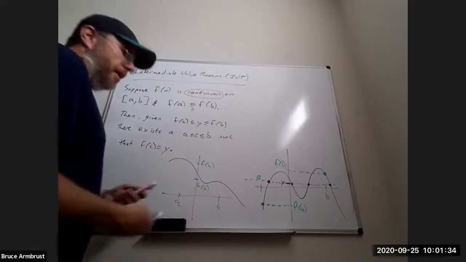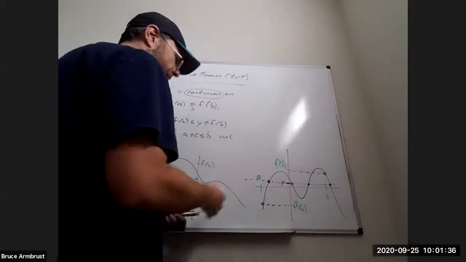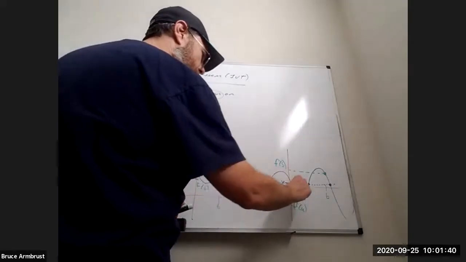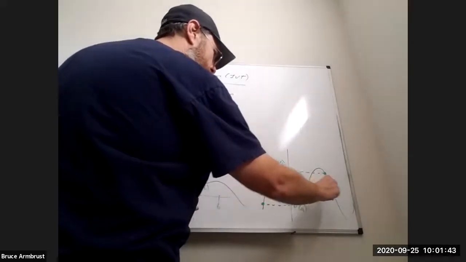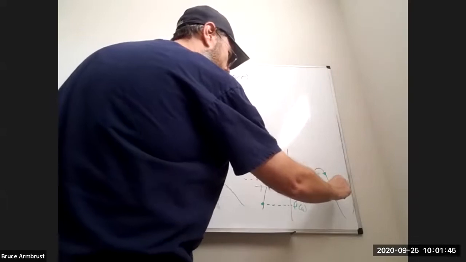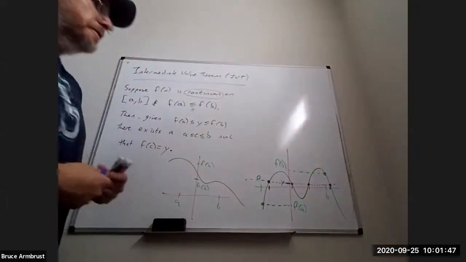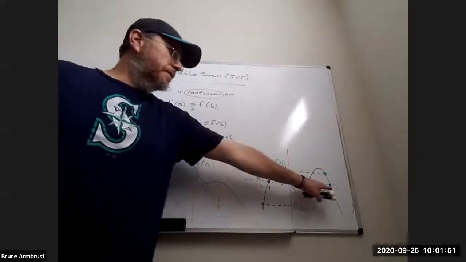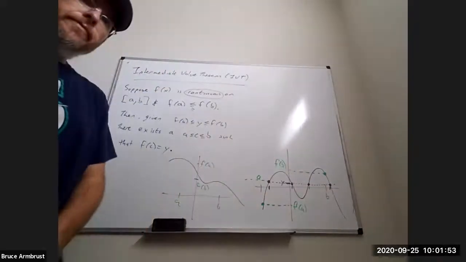Let me mark them on the x-axis here. So we had this one, this one, this one, and this one. So first of all, see this last one is not between A and B. It's not in the interval.